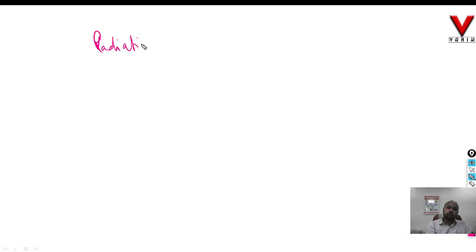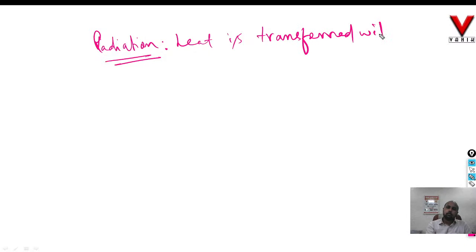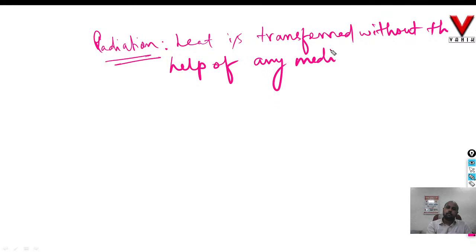Then radiation. Here heat is transferred without the help of any medium, that is, in vacuum.